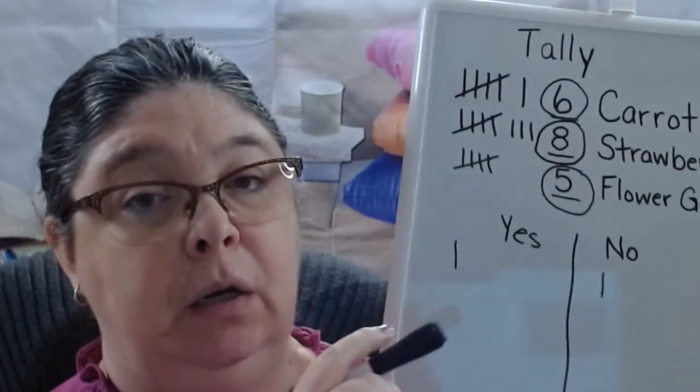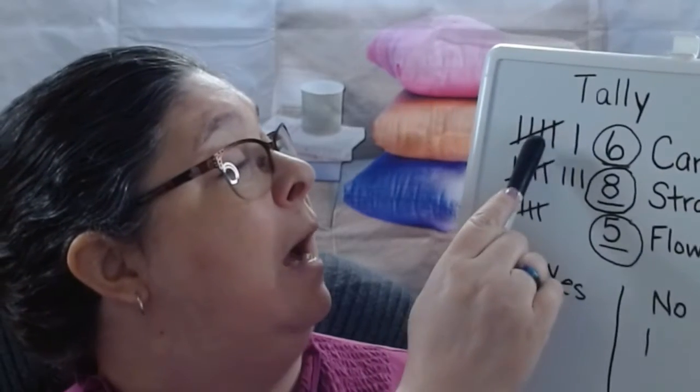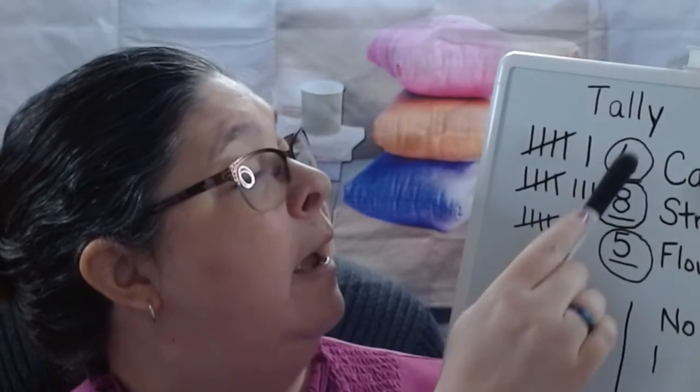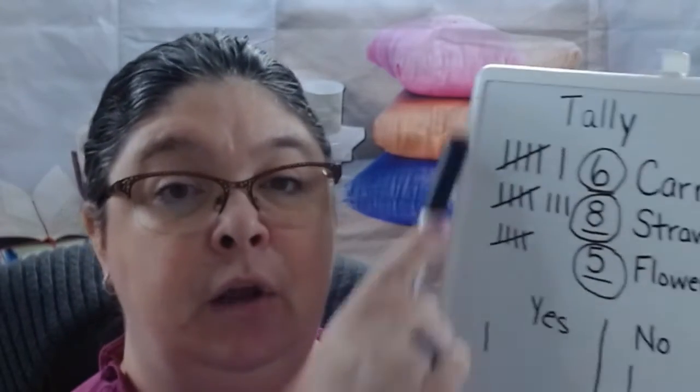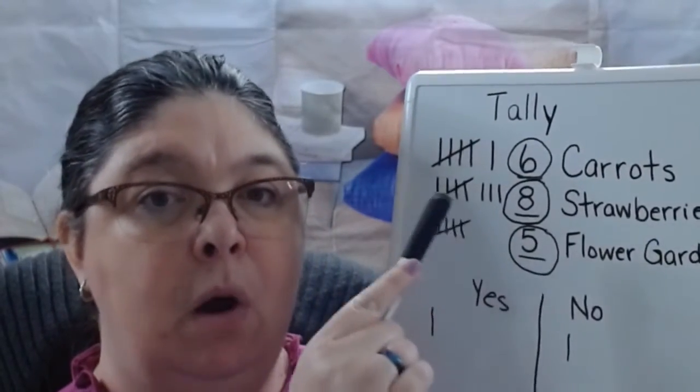Okay? Then you want to have them count and summarize the tally sheet, kind of like we did here. So you want them to count the tally marks and write the numbers and summarize. You can say, which one had the most, which one had the least, that kind of thing. Okay. You could do multiple surveys.